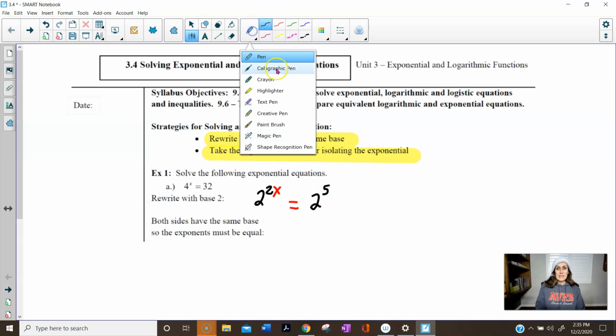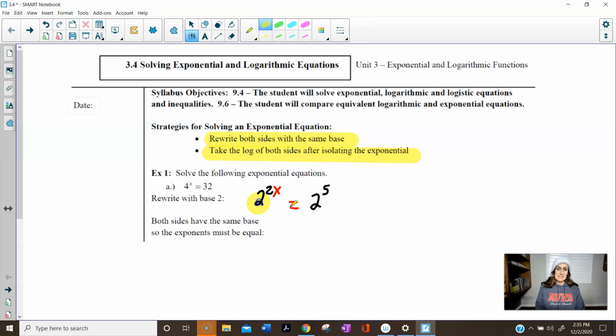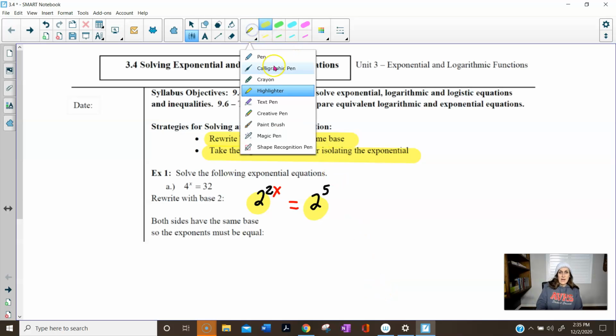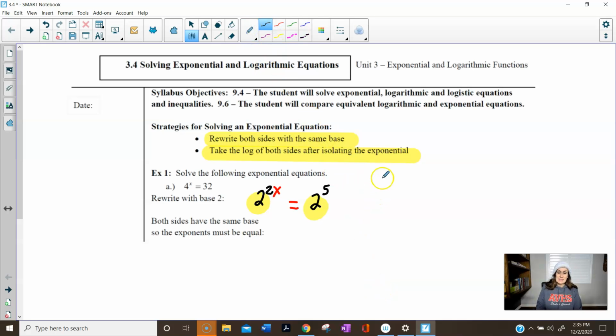So the goal is you want to get the bases the same so that if the bases are equal, then you can put the exponents equal to each other. So now I can simply put 2x equals 5, and then I can solve for x. So x is equal to 5 halves or 2.5. I'll just leave it as 5 halves. So that's how you do example number 1.